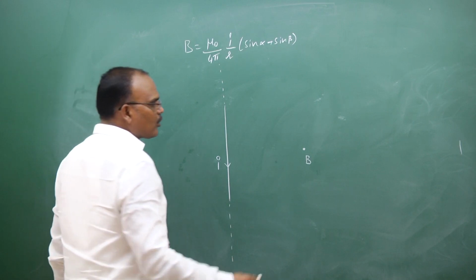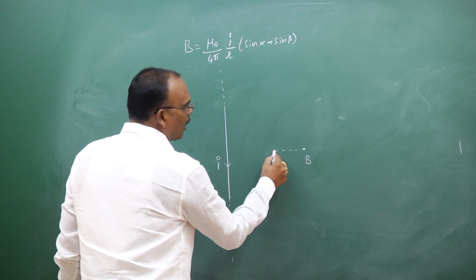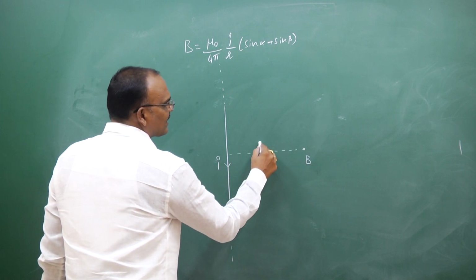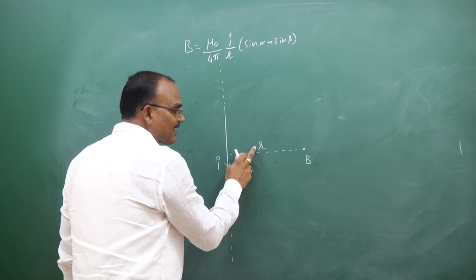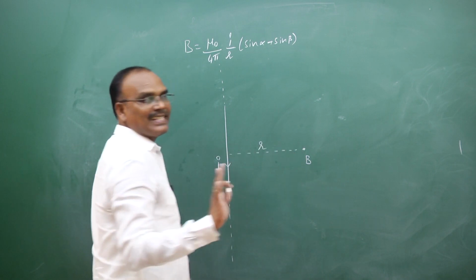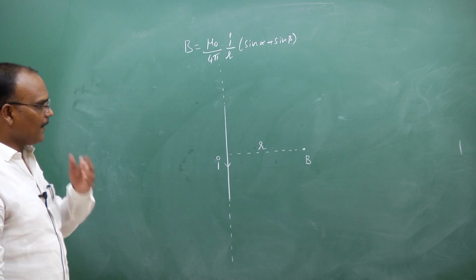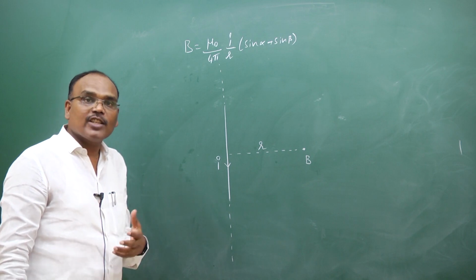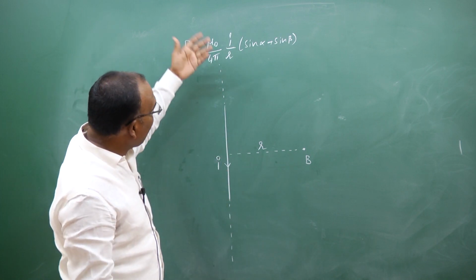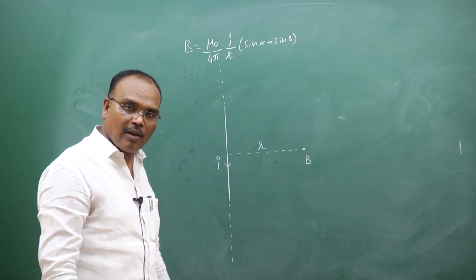First, what I should do, I should draw a normal onto the conductor. This distance is going to be represented with the letter R. It is not the radius, it is the perpendicular distance. Remember this. The next rule is to join the ends of the conductor. How can I join them, you tell me? This end I don't know, this end also I don't know.